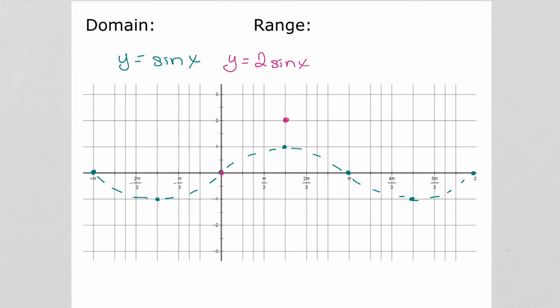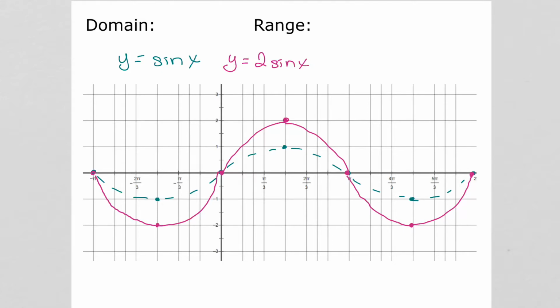Then we have 0 again. -1 times 2 is -2, and then we have 0 again. And going back the other direction, we'd end up with a -2 and a 0. Not the easiest thing to graph on an iPad, but I think I'm doing pretty good. So y equals 2 sine of x looks like this.